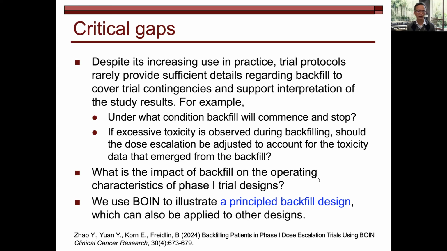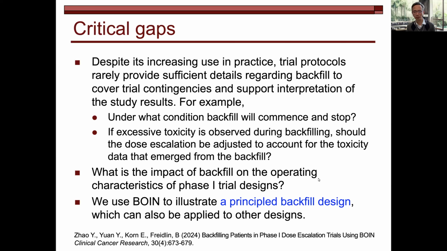And more importantly, when you do backfill, you collect more data. In the case that excessive toxicity is observed during the backfill, should the dose escalation be adjusted to account for the new emerging toxicity data? From a statistical perspective, certainly we should do that, right? But if we look at the protocol, especially a few years ago, I never saw any protocol talk about this issue.